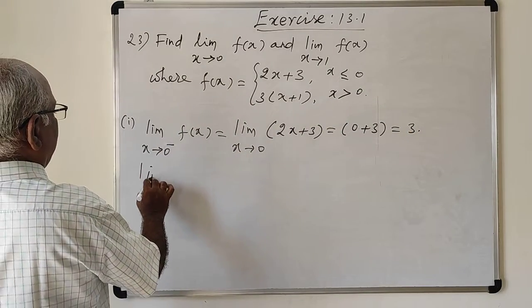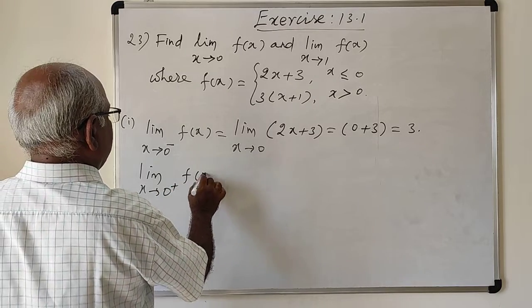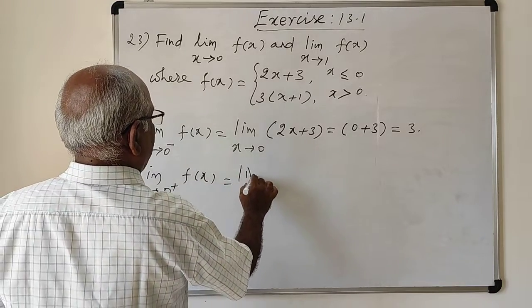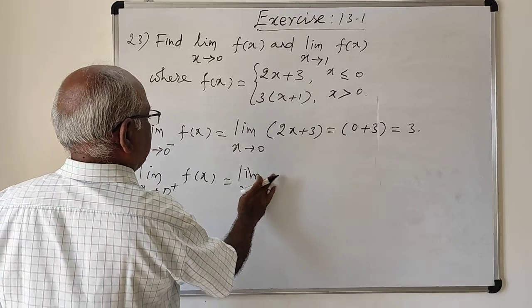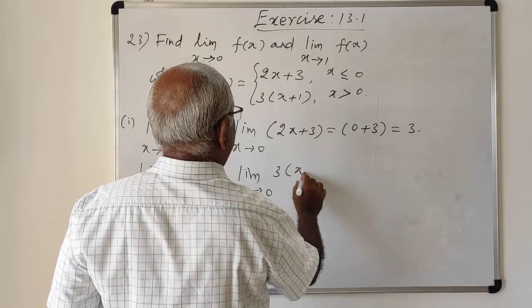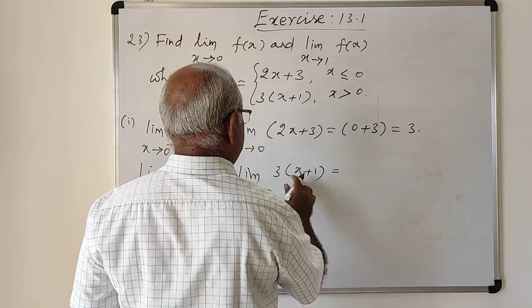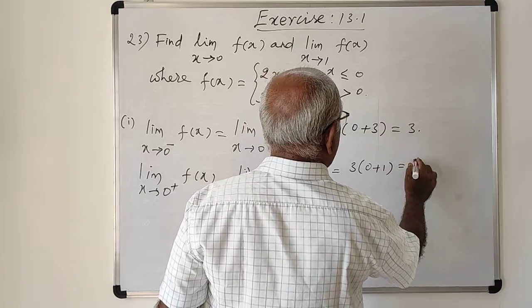Similarly, limit x tends to 0 plus, the positive side, of f of x. 0 plus is again near 0, greater than 0, where the function is 3 into x plus 1. If you apply x equal to 0, 3 into 0 plus 1, 3 into 1 is 3.